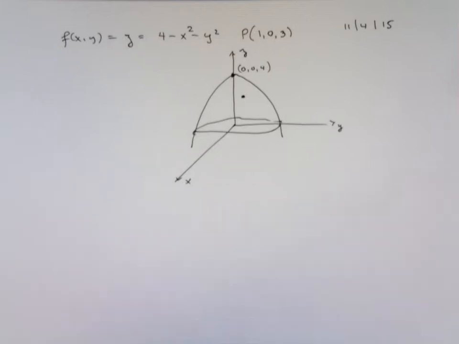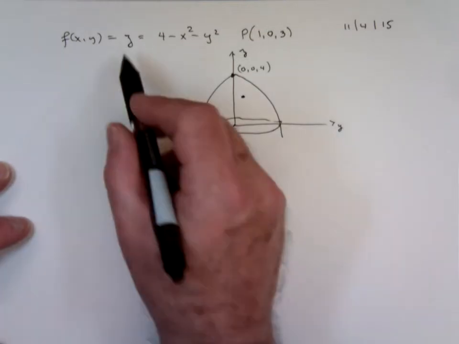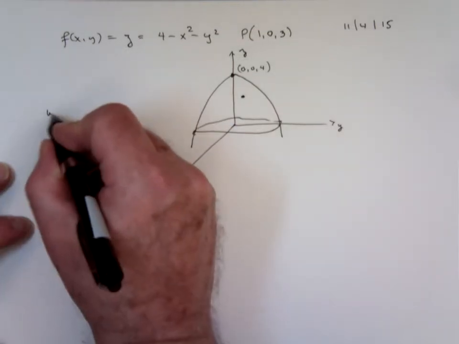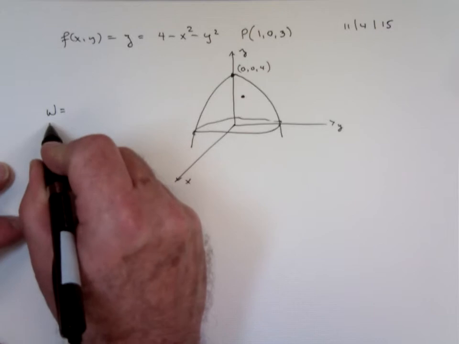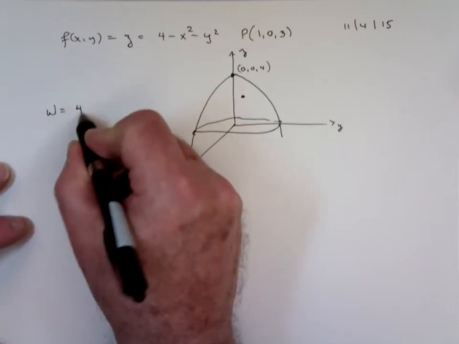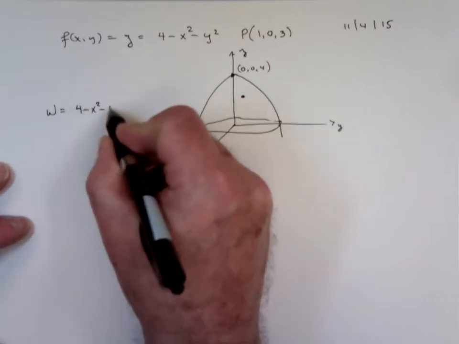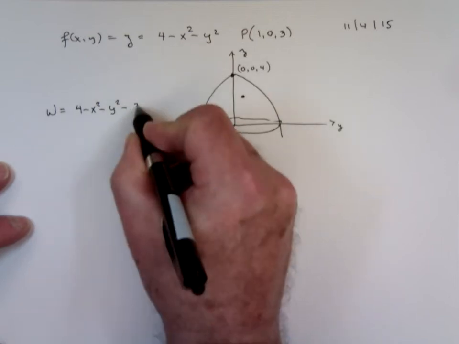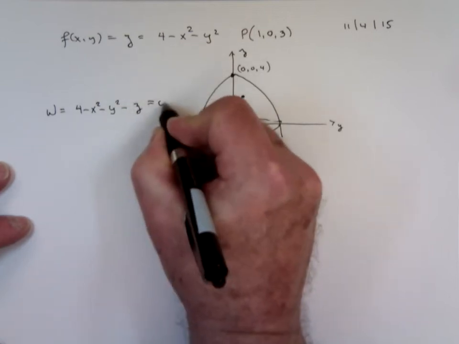We want to find the equation of the tangent plane to this surface at this point. We have the point (1, 0, 3). We need that normal vector. Where do we get it? We get the normal vector by doing the following. I'm going to let W, a fourth dimensional object, equal 4 minus x squared minus y squared minus z equals 0.